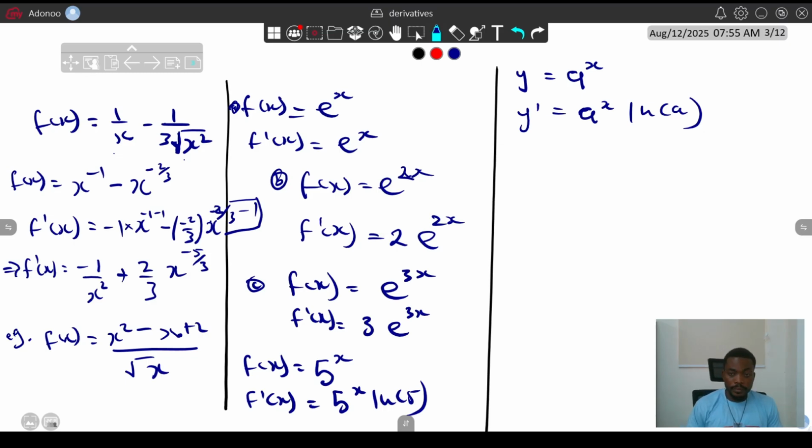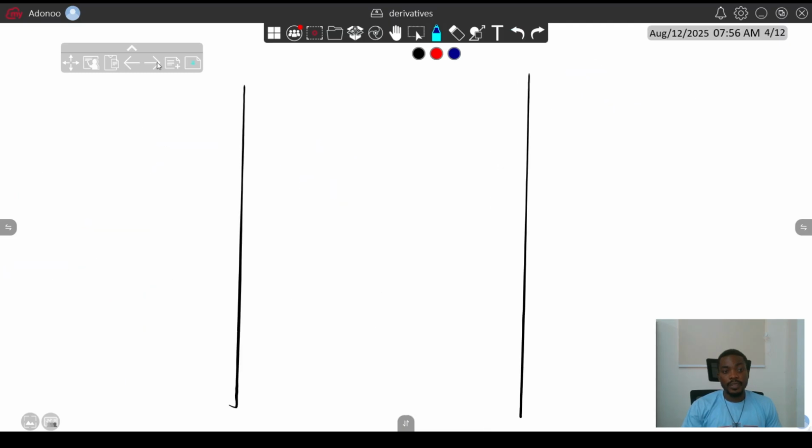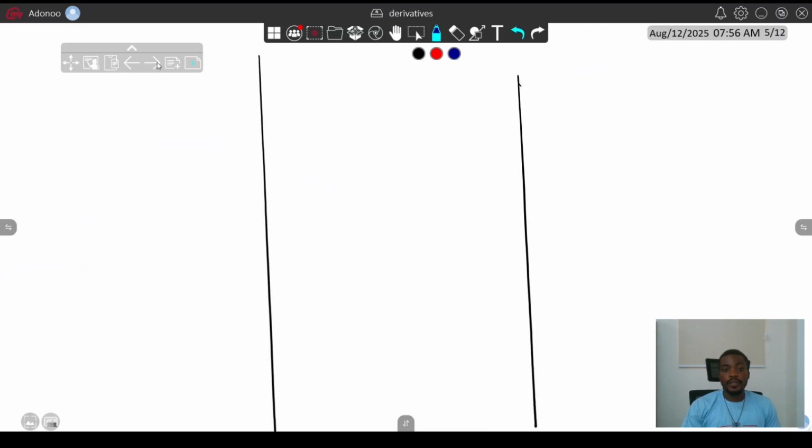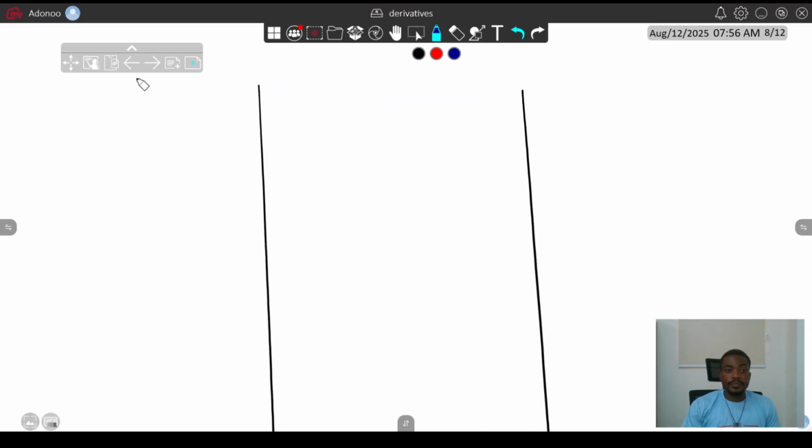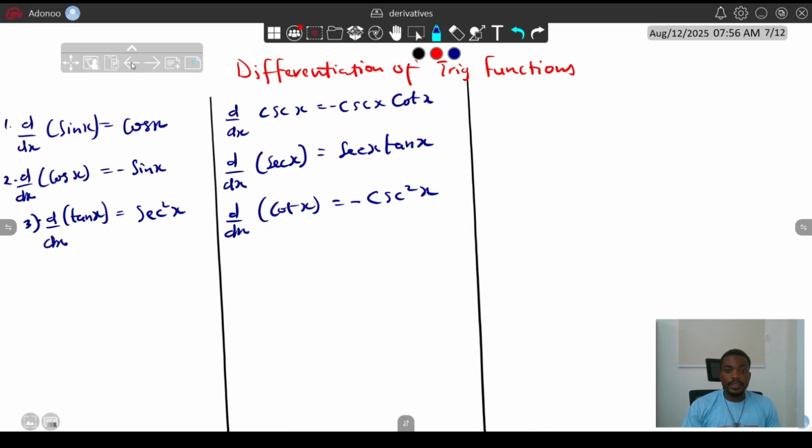Alright. So here, the next thing I want us to talk about is differentiation of trig functions. I have put together some derivatives of some trig identities. So let's take note.